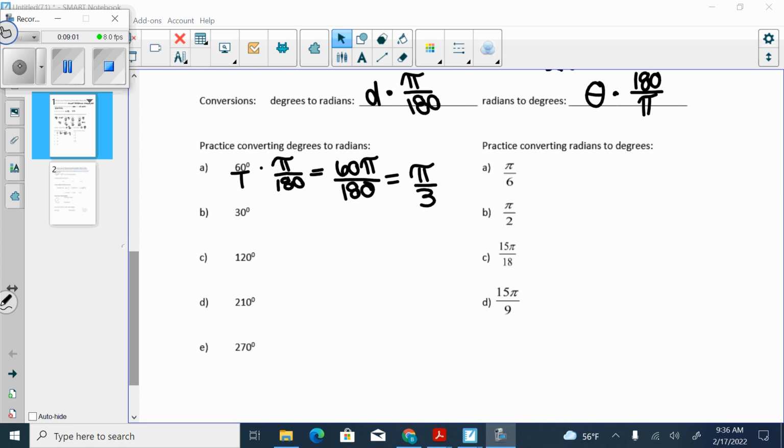On B, my 30 degrees, what did it convert to in radians? Very good. Okay, what about 120? What did it convert to? Good. All right, what did 210 convert to?